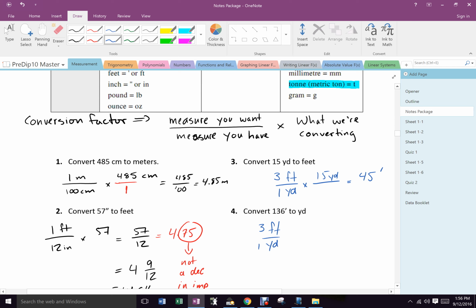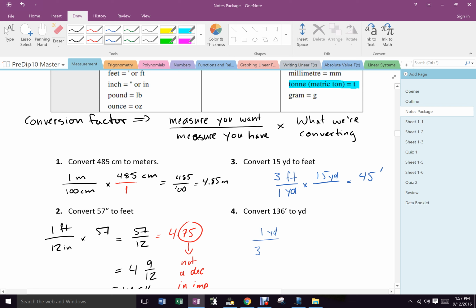So it's 3-1. And what am I converting? I'm converting 136 feet. So it's just multiply 136 times 3, which is... Oh, I'm going feet to yards. Oh my God, I'm all screwed up now because of this. I'm so embarrassed. Take a breath. I want yards, 1 yard.